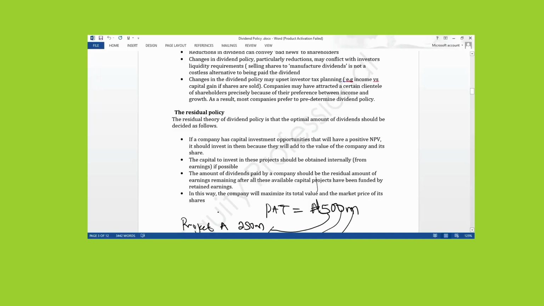The capital to invest should be obtained internally. You are going to start from retained earnings.